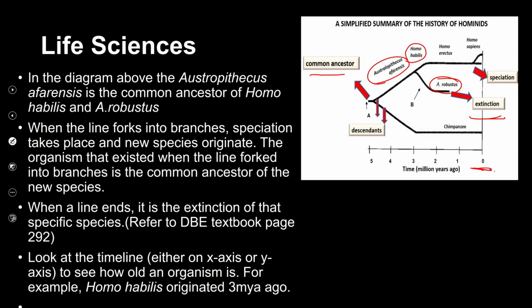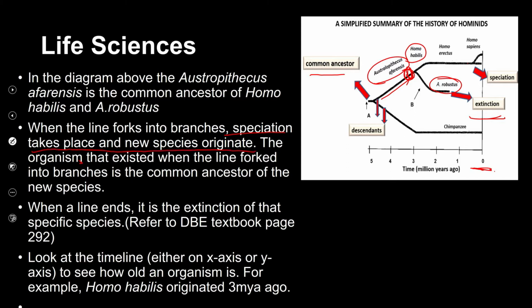So that line there splits, and that's where Australopithecus afarensis is now the common ancestor of the two new groups. When the line forks or branches, so where it splits, speciation takes place and new species originate.